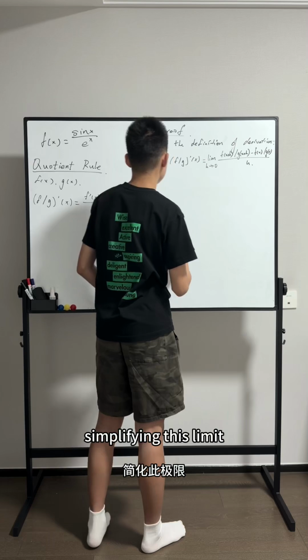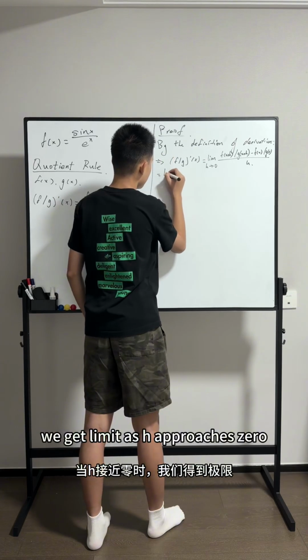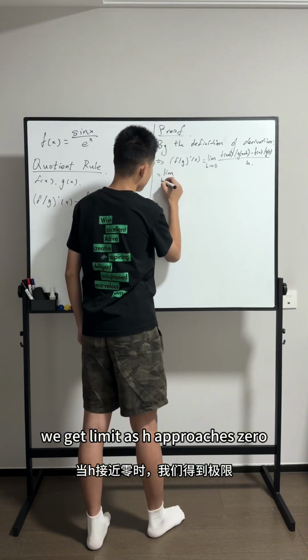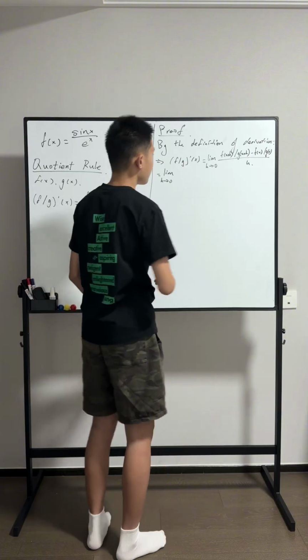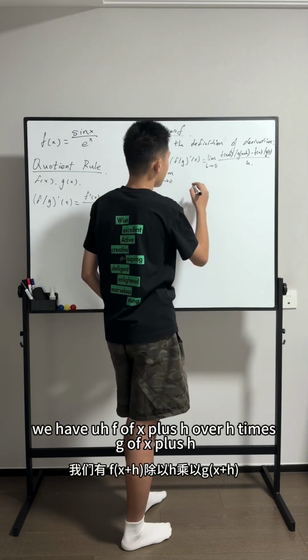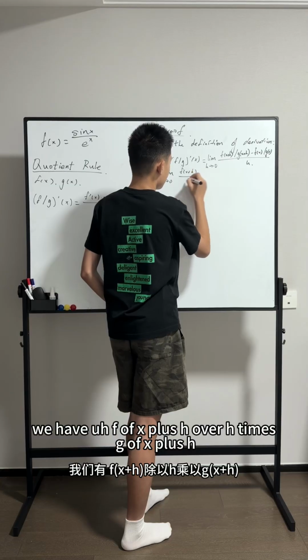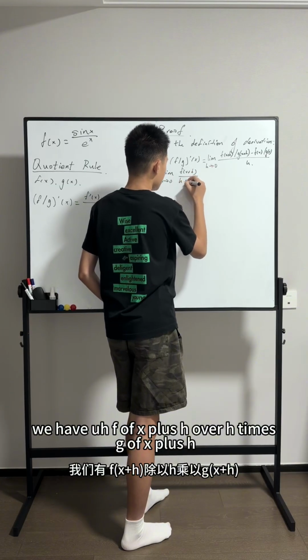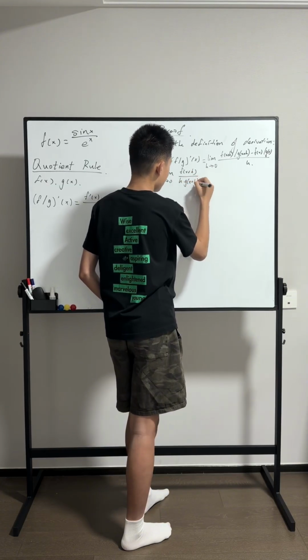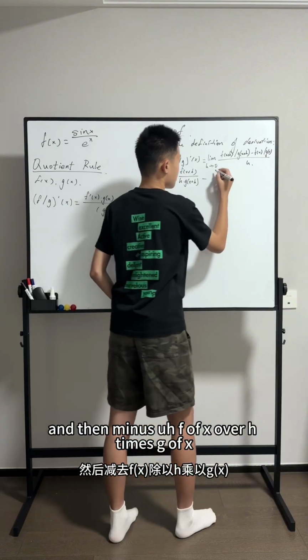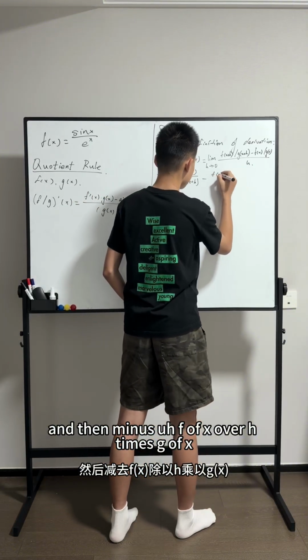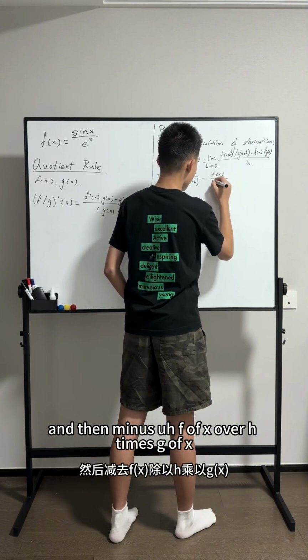Now, simplifying this limit, we get the limit as h approaches 0. So basically, we have f of x plus h over h times g of x plus h, and then minus f of x over h times g of x.